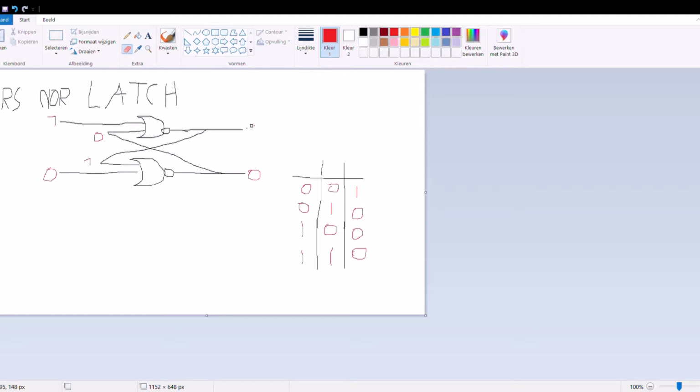So this can't be a 1 anymore. That means this will be a 0. But now here it's 0, 0, which means that this will also be a 1, and this will also be a 1.